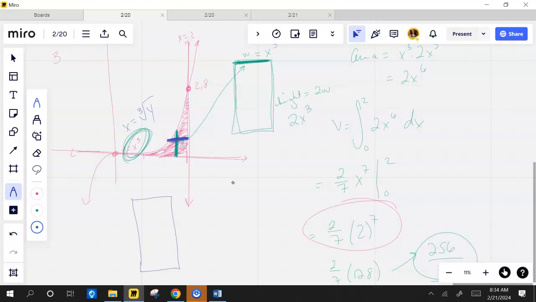Doesn't give you the height. I would just think it was 6 times 3 that area. I mean, that's kind of what I'm thinking.